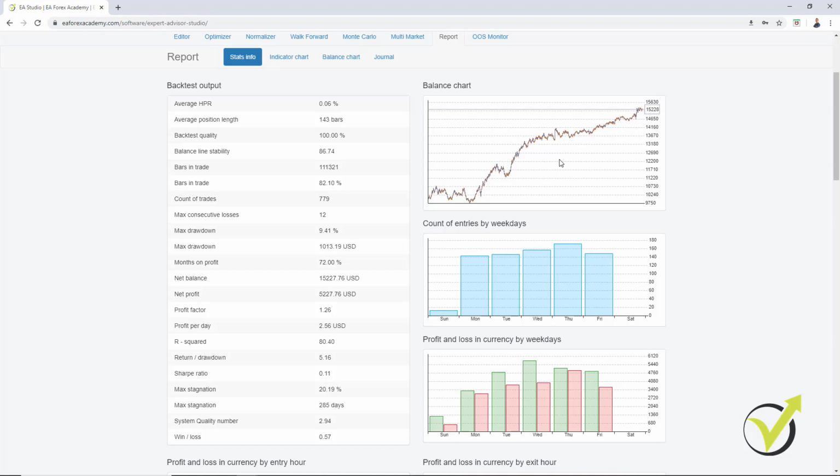This is why we test these strategies on a virtual demo account, and we see which ones are profitable at the current moment to use in our live accounts.